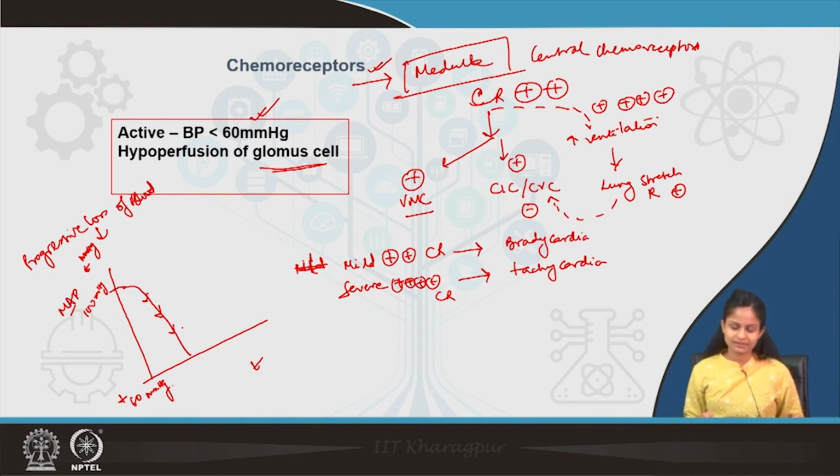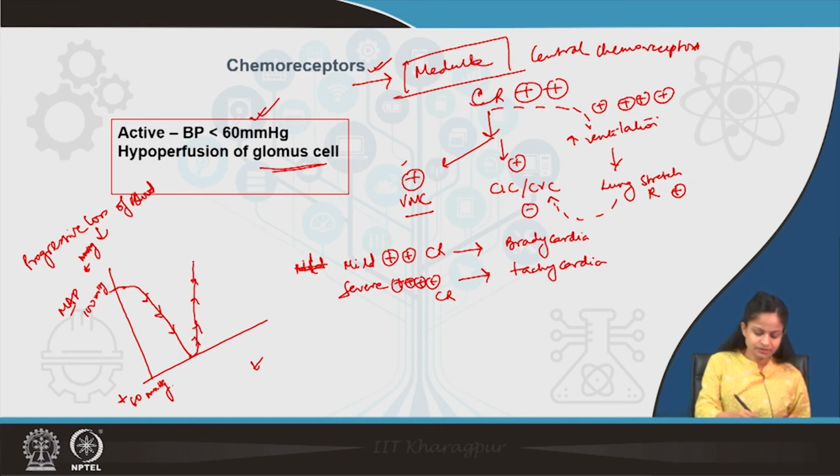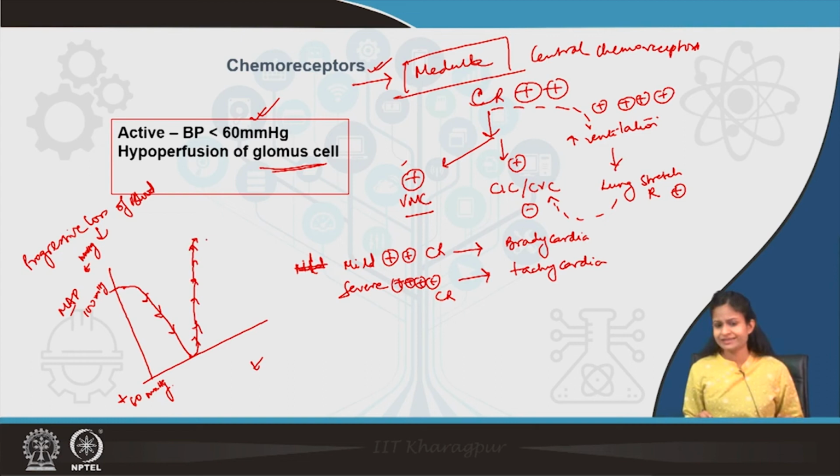Whenever the chemoreceptors get activated, there will be direct stimulation of the vasomotor center and there will be a rise in the blood pressure. This blood pressure will rise and reach the mean arterial pressure. It might cross the mean arterial pressure also. The moment it reaches the mean arterial pressure, the baroreceptors will try to sense the change in the mean arterial pressure.